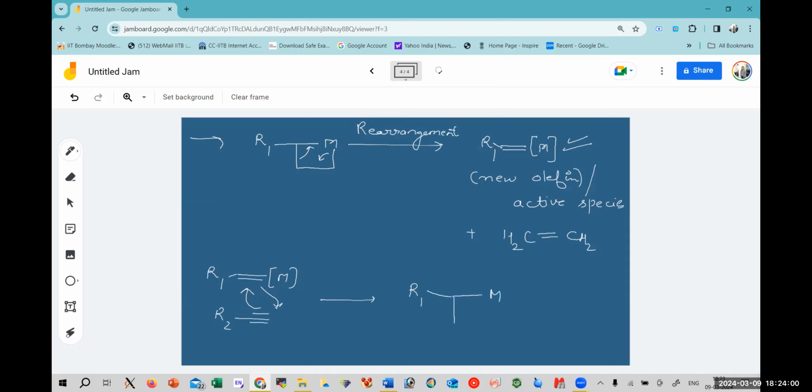Here it was M. There's a bond to the R2, double bond here, like this way. Now these two are going to make a bond, and this will go here. So it will come as R1, double bonded carbon, and then R2, followed by a single bond which is connected with your M.